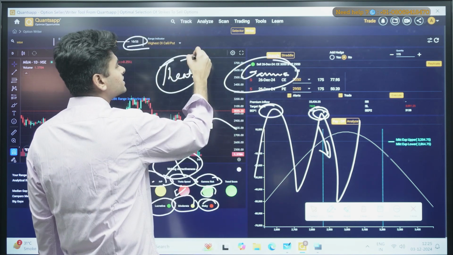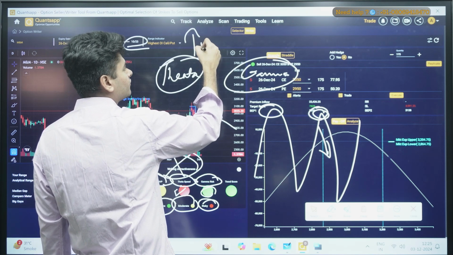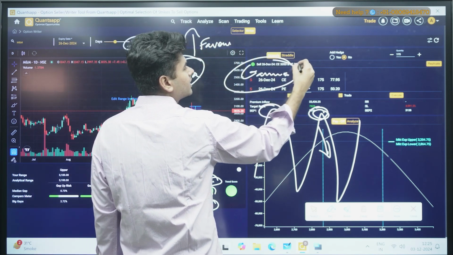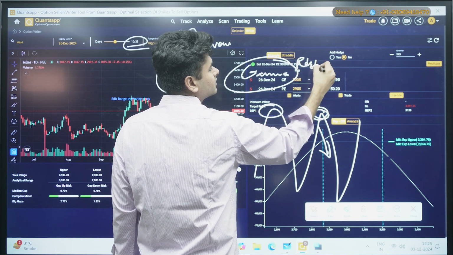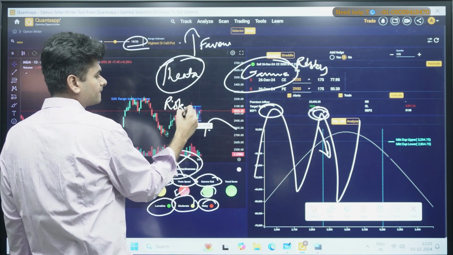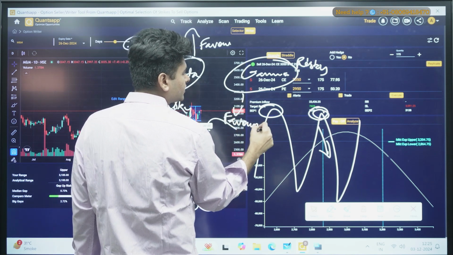If one is getting lucrative, or in your favor, the other will become red, risky. Whenever this becomes risky, the other will come in your favor. So they are opposite of each other.